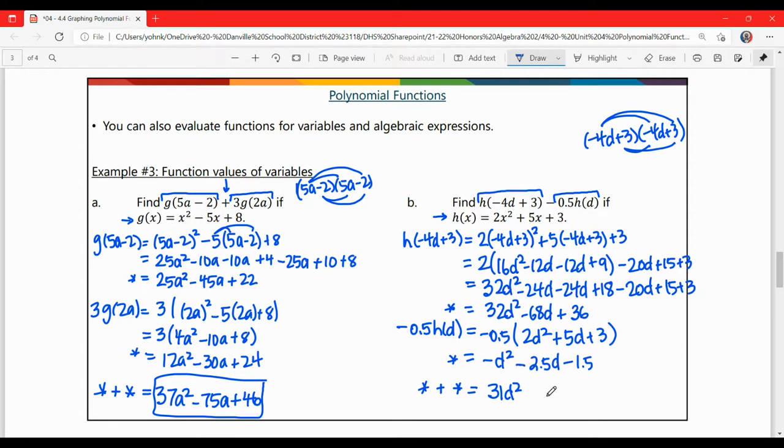Okay, that's better. So now minus 70.5d. And then 36 minus 1.5 is 34.5. So 31d squared minus 70.5d plus 34.5.